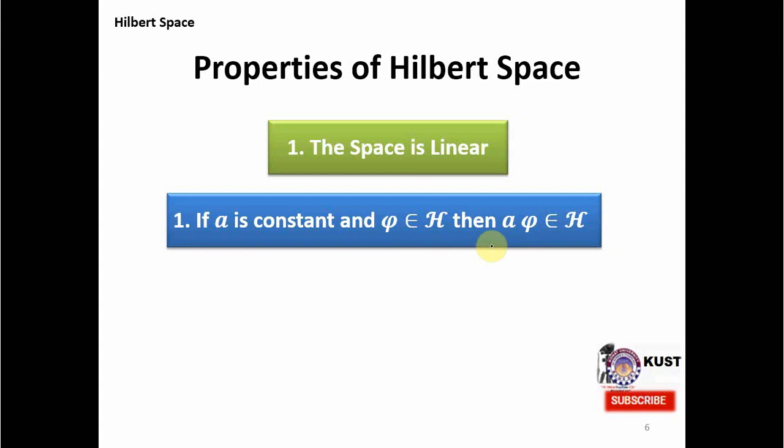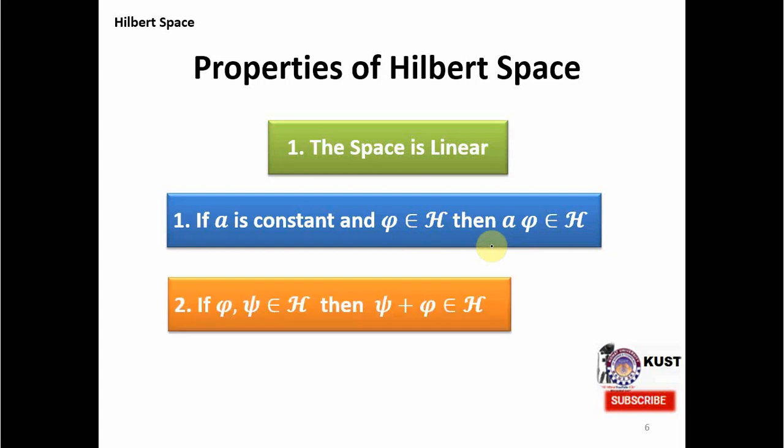But there is also a second condition for linearity: if we have two functions, let's call them phi and psi, which are members of Hilbert space H, and we add them, for example phi plus psi, we get a new function which is the combination of psi and phi, and still this new function is a member of Hilbert space H. This is the second condition for linearity.